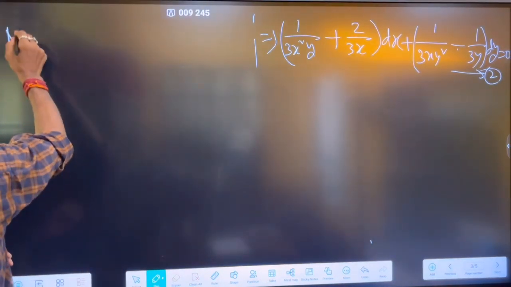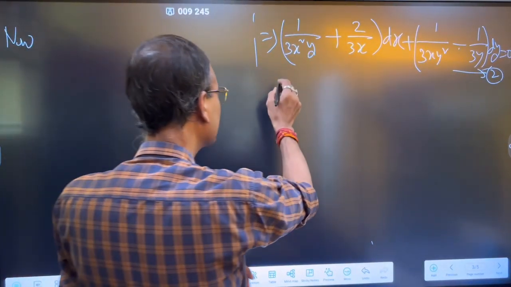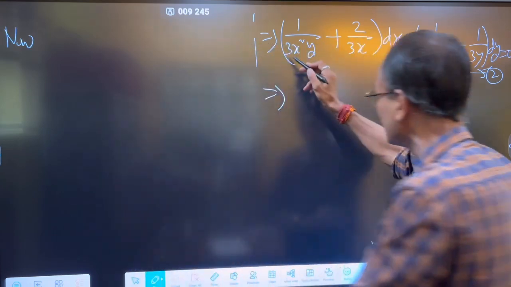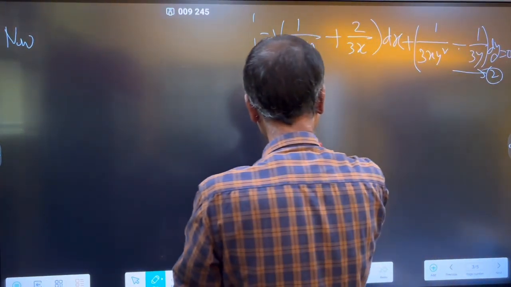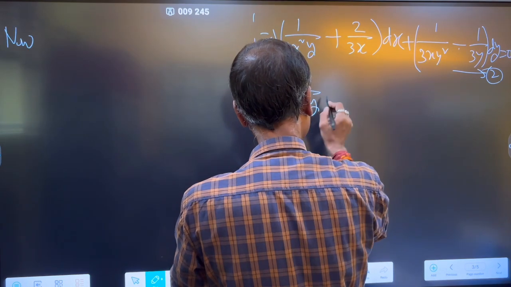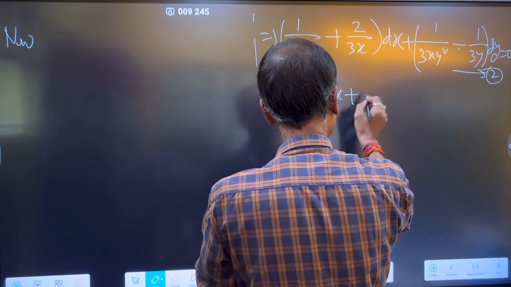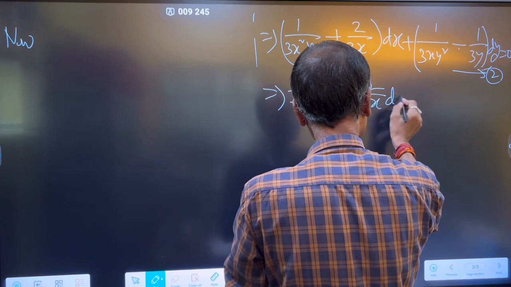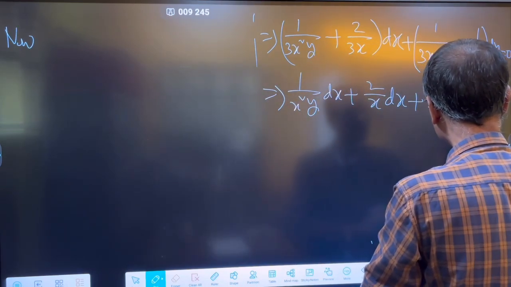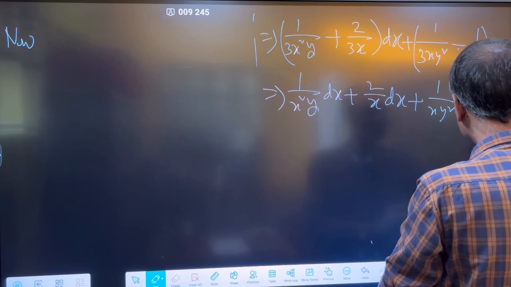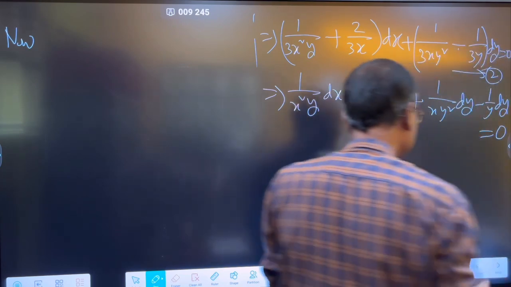Now 2, 3 can be cancelled. You may write 1 by x square y dx plus 2 by x dx plus 1 by x y square dy minus 1 by y dy equal to 0.